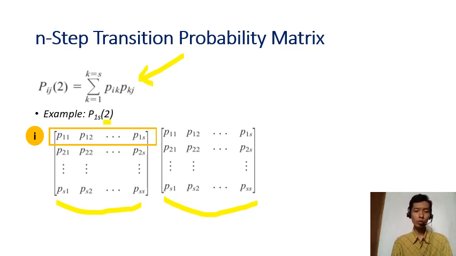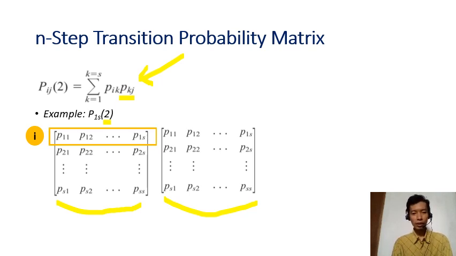So that is shown by this row. So that is row 1 to any state that we have in the system. For 1 to 1, 1 to 2, 1 to 3, 1 to 4, and all the way up to 1 to S. And then this formula says that we need to multiply the probability from all states to J.